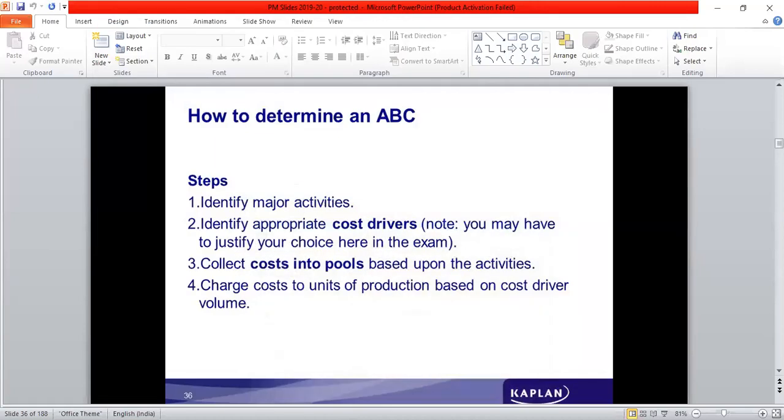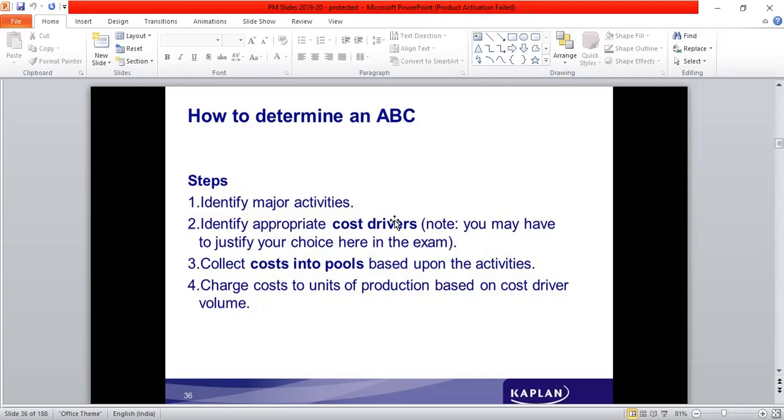If it is inspection, every time inspection takes place, the cost incurred has to be pooled up. So that is collecting costs into cost pools. Then the third and last step is to divide and distribute the costs pooled up in the cost pools based on the basis of apportionment and allocate that cost. So this is the right way of doing it, based on consumption.